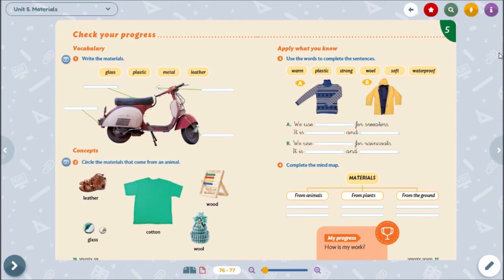So here is our overview of the whole unit. We talked about different materials, and just like the scooter, it can have glass, plastic, metal, and leather. It's not just one. We have different materials that come from animals, plants, and the ground. We have things that can be warm or strong, soft, waterproof.